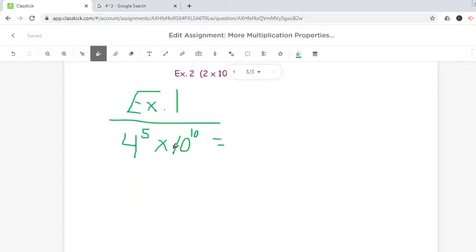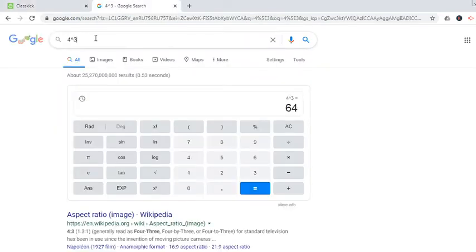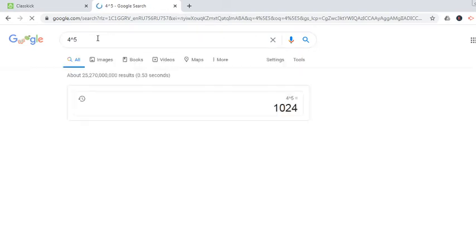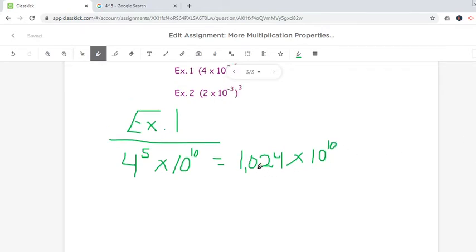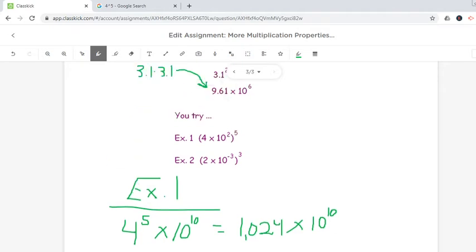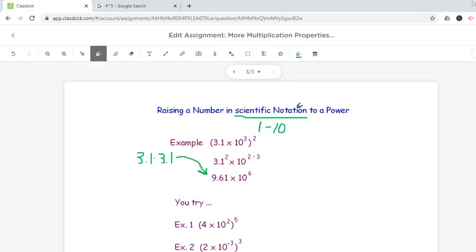Now, 4 to the 5th. What is 4 to the 5th? 1024. And then times 10 to the 10th. Okay, but 1024 is not in scientific notation because it's not between 1 and 10.